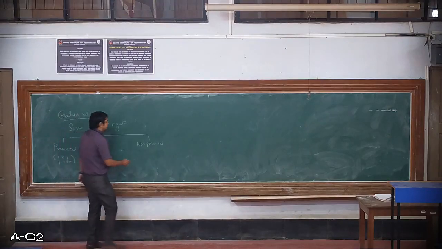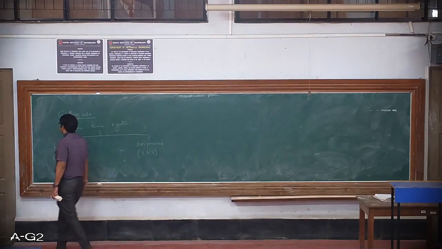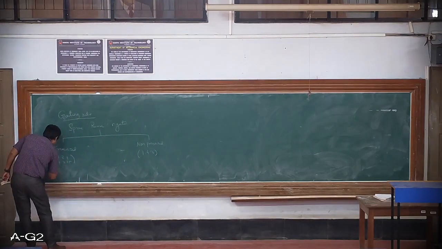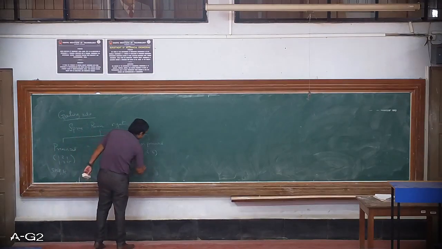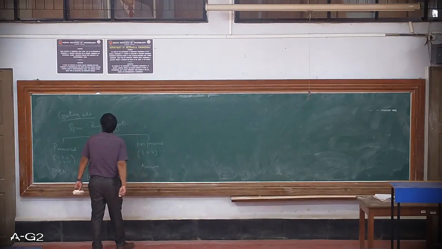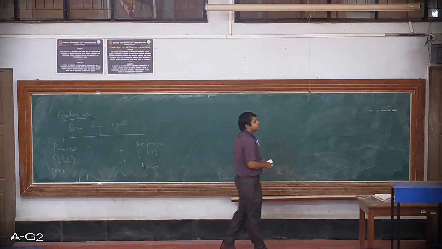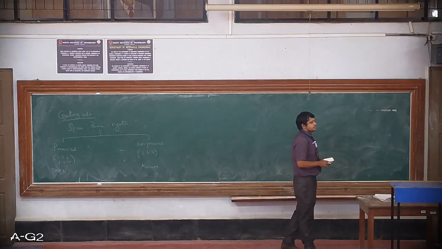Here generally it will be 1:4:4. So this is used for steel, ferrous castings, whereas this is used for light alloys like aluminum. This gating ratio plays a very important role in gating system design.